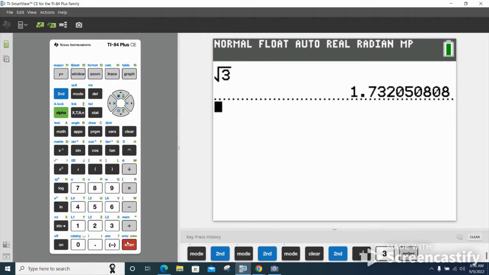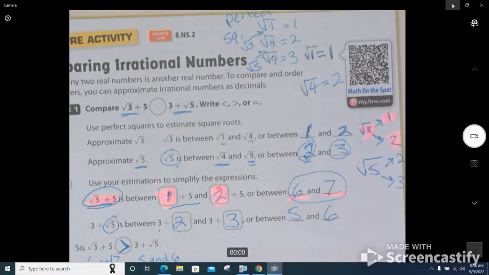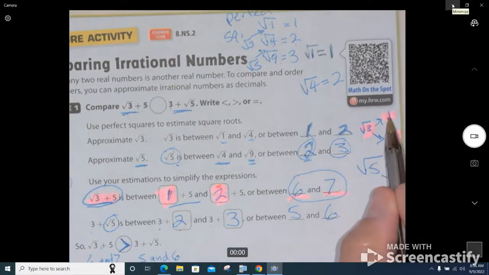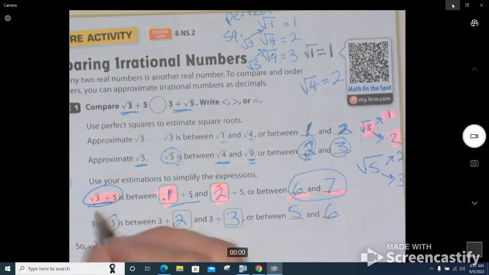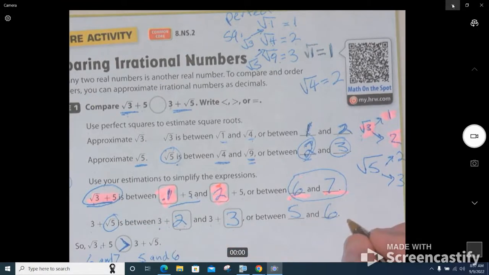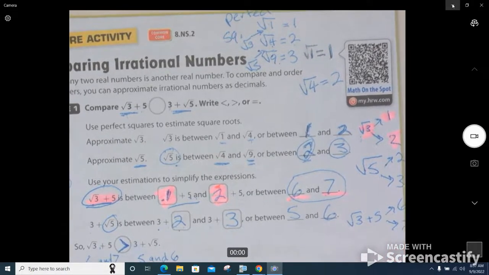Isn't that between 1 and 2? Yeah. So now, we said that the square root of 3 is somewhere between 1 and 2. If I take the square root of 3 and add it to 5, I get 1 plus 5 or 2 plus 5. So let's write it this way: the square root of 3 plus 5 is between 6 and 7.